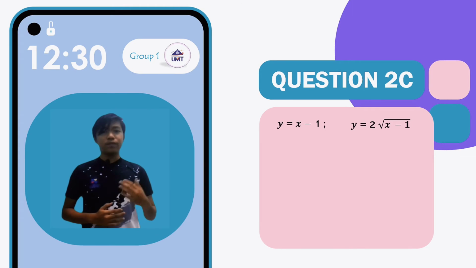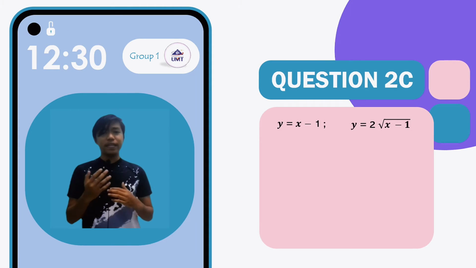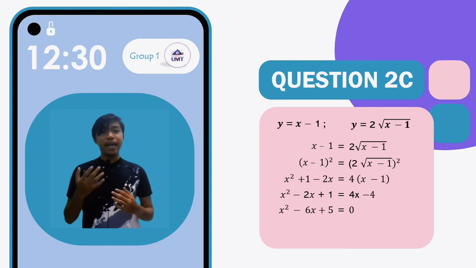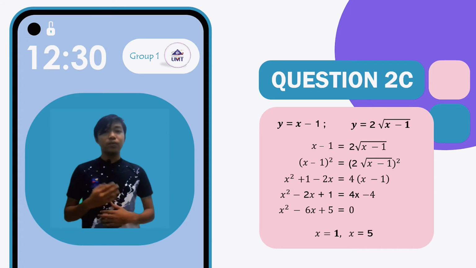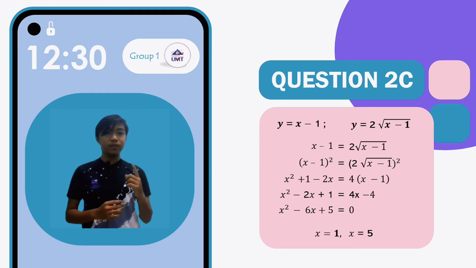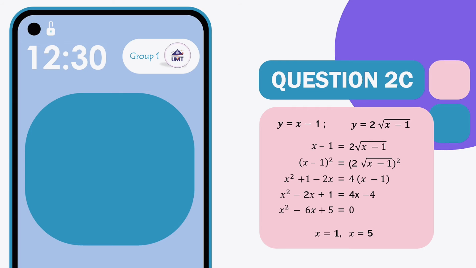Next, we need to find the limits of integration. When we solve the equation, we get the limits of integration, which are x equals 1 and x equals 5. Since the base shape is along the x-axis, we take the values of x as the limits, from 1 to 5.